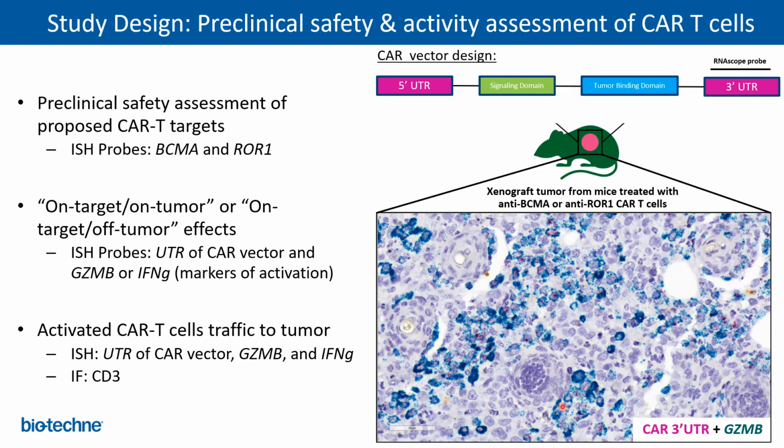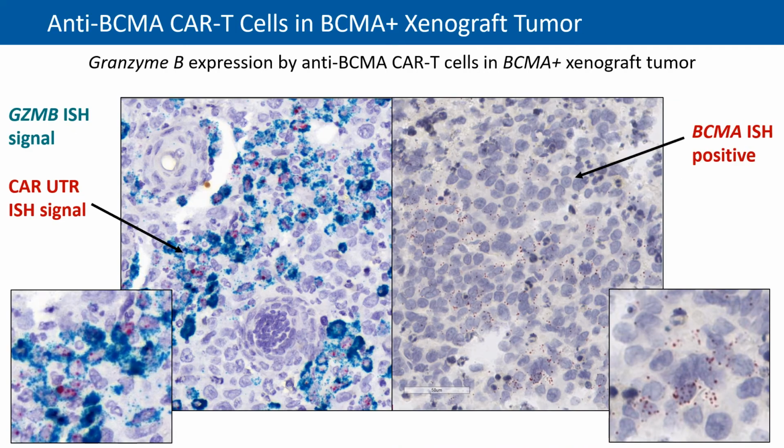They were developing CAR-T cell therapy for the anti-BCMA and anti-ROR1 antigens and used RNAscope to study the efficacy of these CAR-T therapies. Here's an example where they used RNAscope to visualize the anti-BCMA CAR-T cells in the mouse xenograft model. On your right hand side, you can see a panel of BCMA positive cells in the tumors, and on the left hand side we see staining for granzyme B and your CAR UTR using the ISH probe.